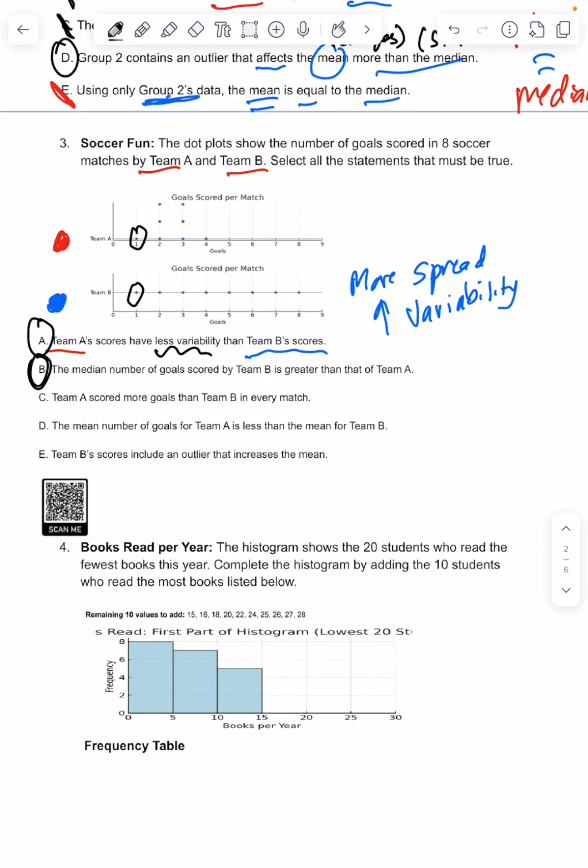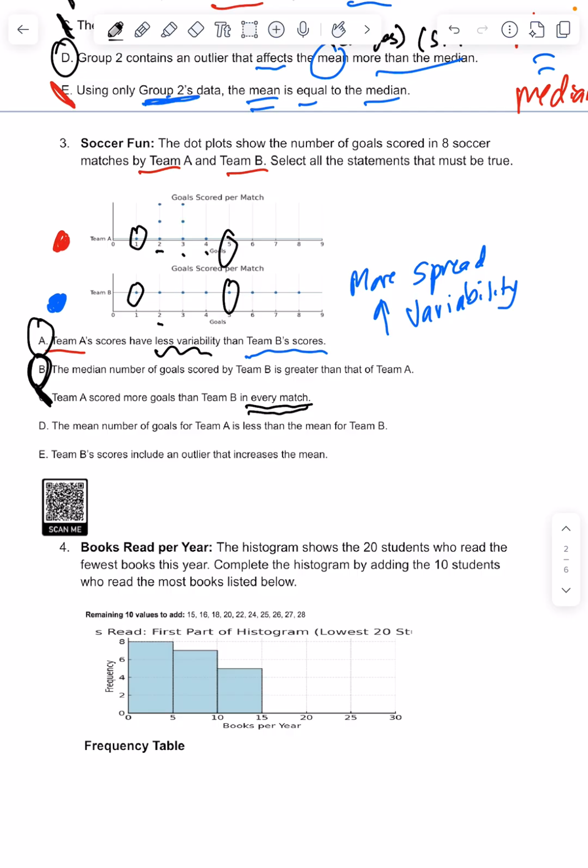This one was saying that Team A scored more goals in every single match, so I'm going to take that very literally. I disproved it already with the first one. But I could look at the second, right? We scored 2 goals in 1, 2, 3 games. And here, same thing, it was once only for Team B. So in that case, this one was more. But then here's the same. This one didn't score anything, so Team B is actually more. So there you go, there are a few ways to disprove that; it is not true.